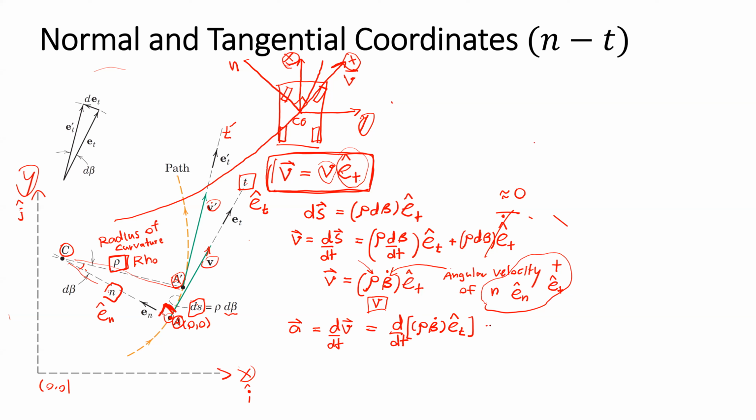So how can we obtain the d by dt of this? We need to obtain the d by dt of the first parenthesis, the rho beta dot, and keep the unit vector, and then plus rho beta dot multiplied by the d by dt of the unit vector.